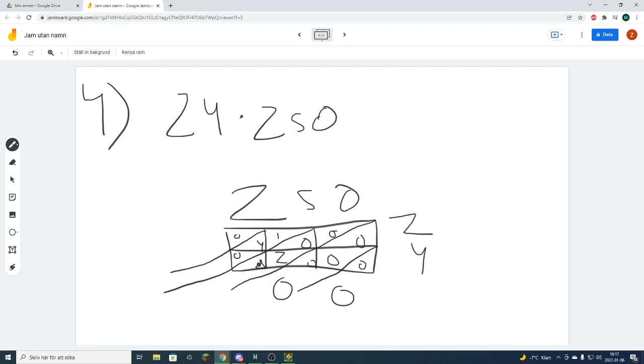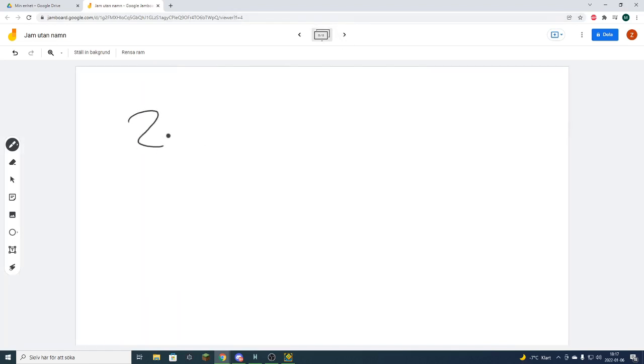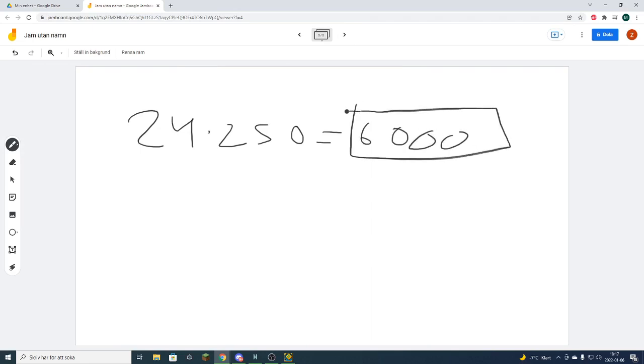So yeah, this is a 10. So you write 0 and then you carry the 1, and then 4, 5, 6. So 6. So therefore, 20. So therefore, 24 times 250 is equal to 6,000. That's question 4, and you only get worse. Question 5.